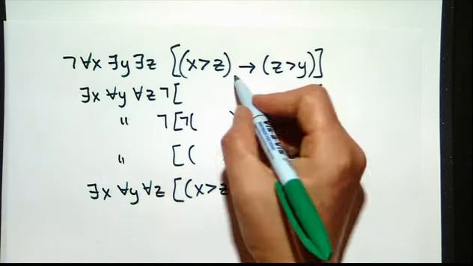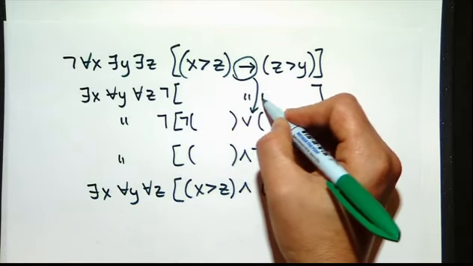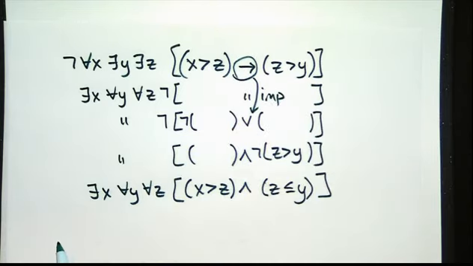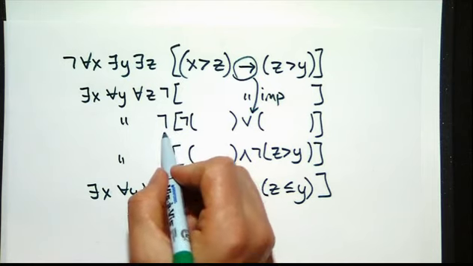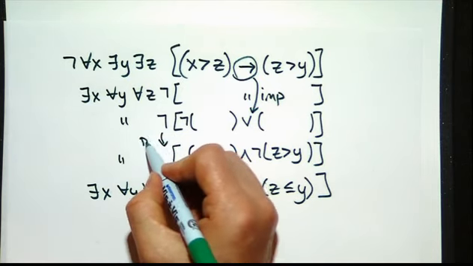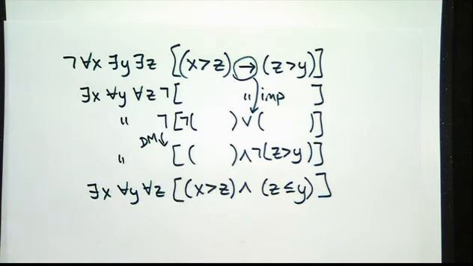So right here, that was the implication rule for that. So we didn't do anything with the not, and then this was doing De Morgan's to go from there to there. That's when we got rid of it. So we're not getting rid of nots until we do De Morgan's. Other questions?